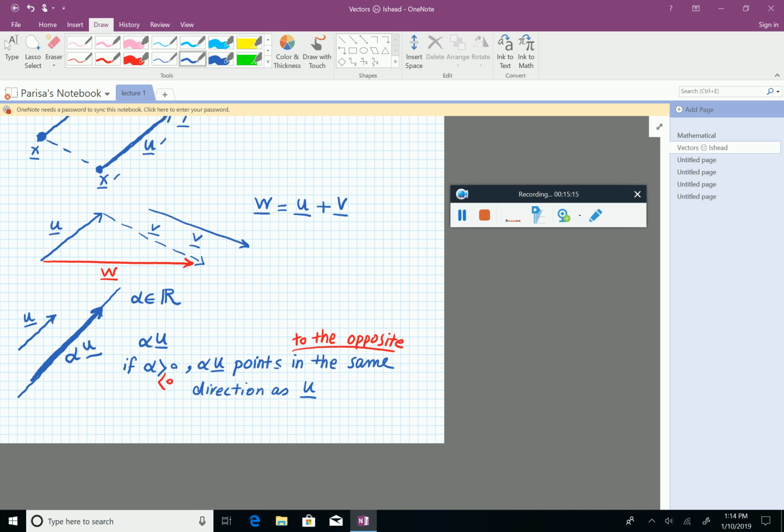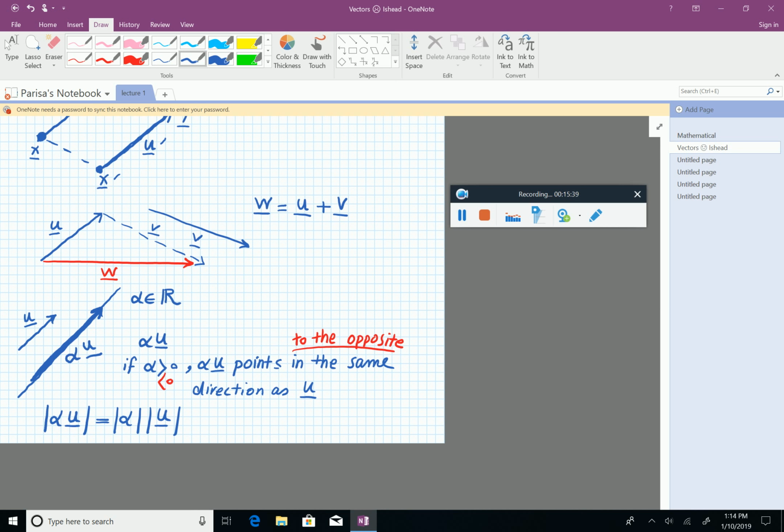And that follows that another property is that the magnitude of this scaled vector would be the magnitude of the scalar times the magnitude of the vector.